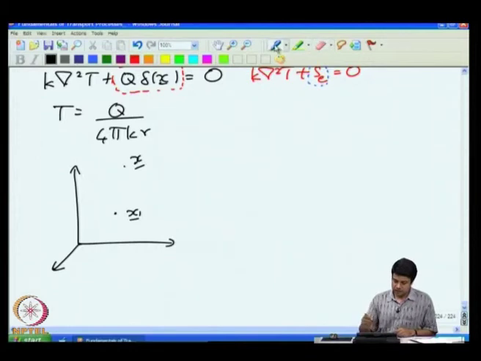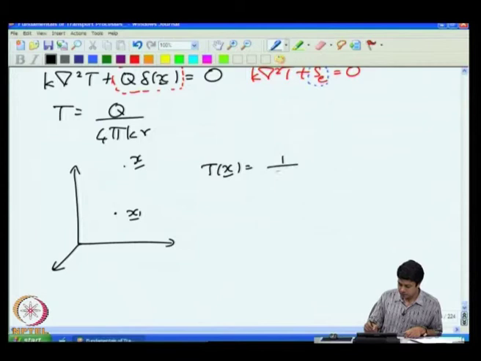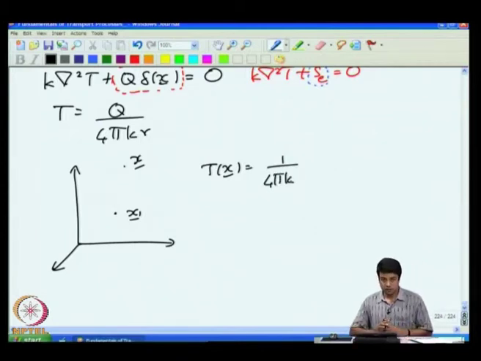That means the temperature field at the location x is equal to 1 by 4 pi k into r. If you recall, r was the distance between the position x and the origin in the previous case, because the source was at the origin. Here the source is at a location x 1.